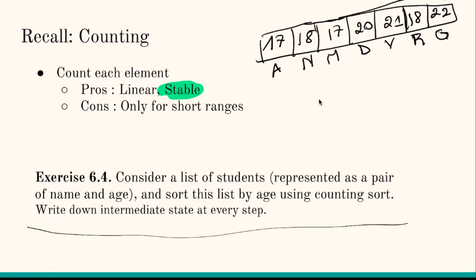This means that after sorting, we have 17 and 17 here, and we expect the output to have A before M. If A comes before M after sorting, this means that the sorting algorithm is stable. It preserves the order of the original sequence. Does that make sense?